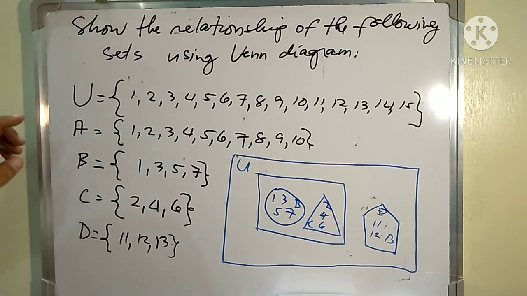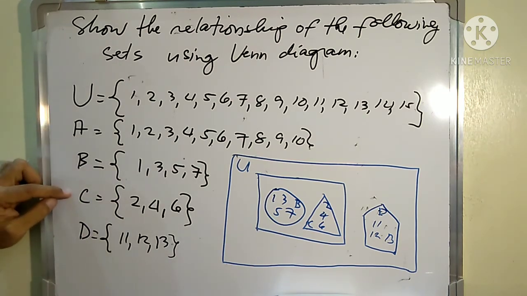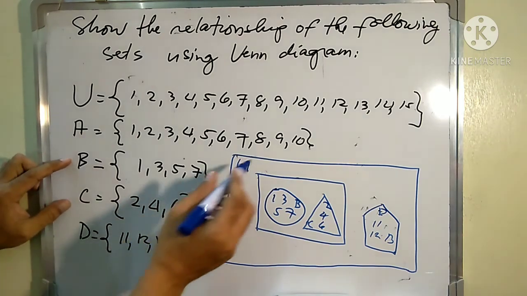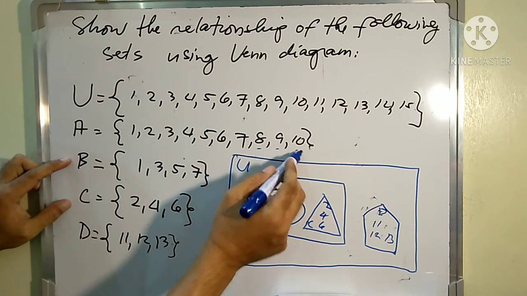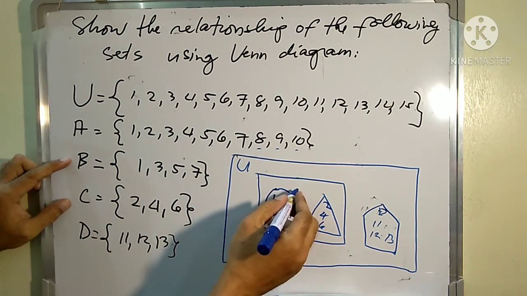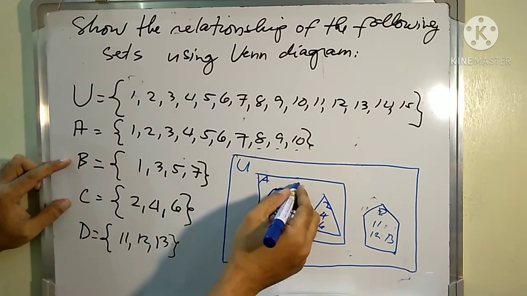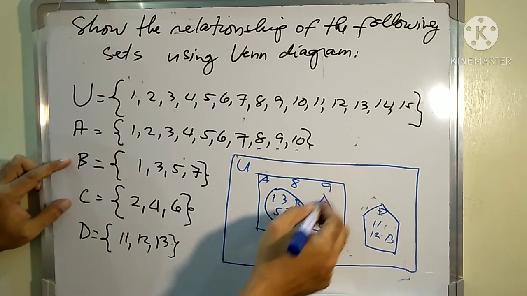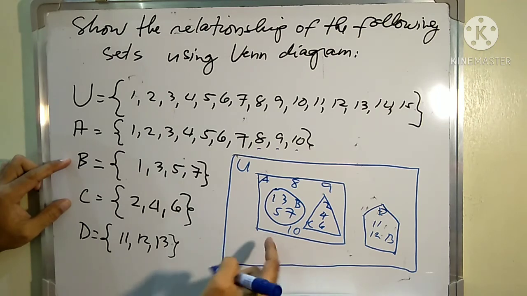Now what are those elements that are found in A and not found in B and C? We have 8, 9, and 10. So we write all the elements in A, 8, 9, and 10. You write the elements anywhere in A.